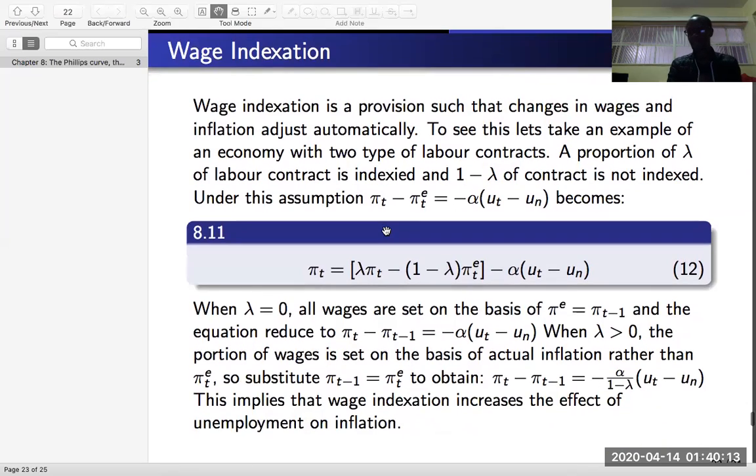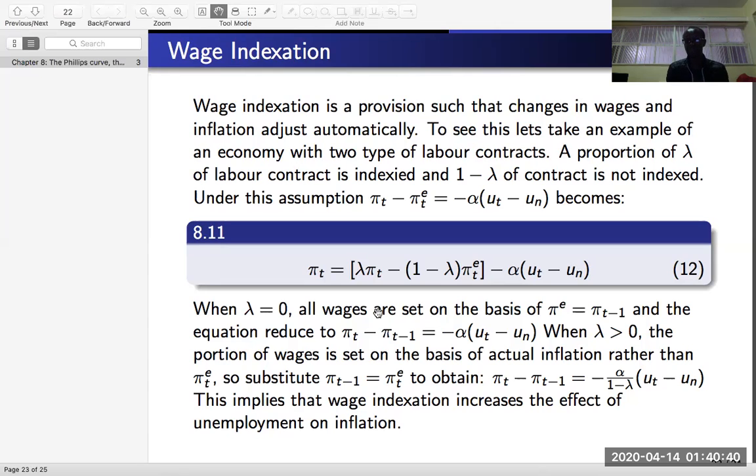If you substitute in the equation, you obtain equation 12. When lambda is equal to 0, all wages are set on the basis of expected inflation being equal to previous inflation, and the equation reduces to what we know already. When contracts are positively indexed, a portion of wages is set on the basis of actual inflation rather than expected inflation.